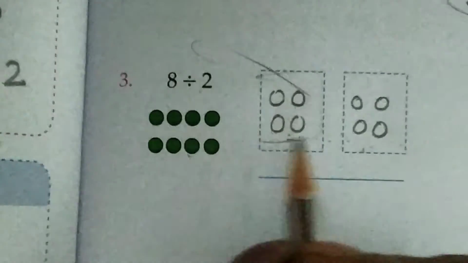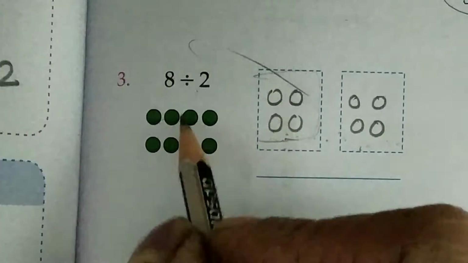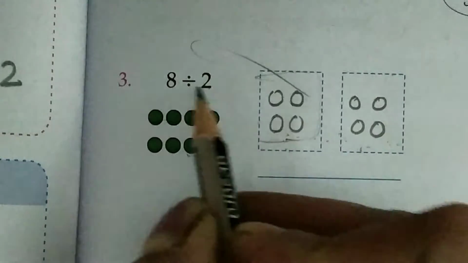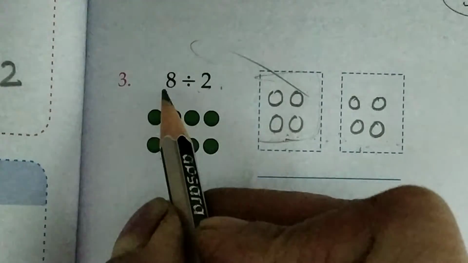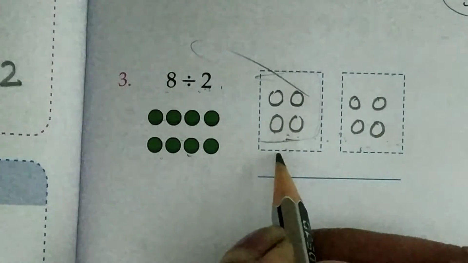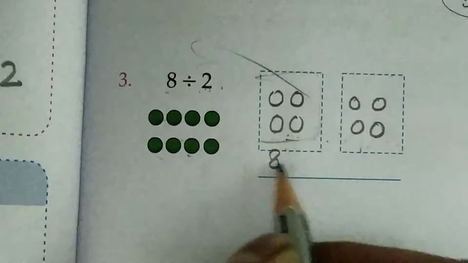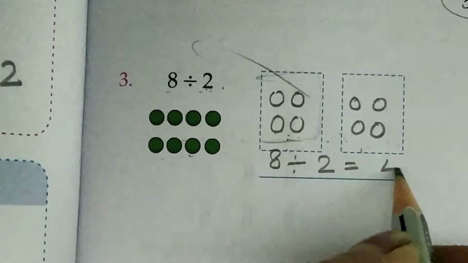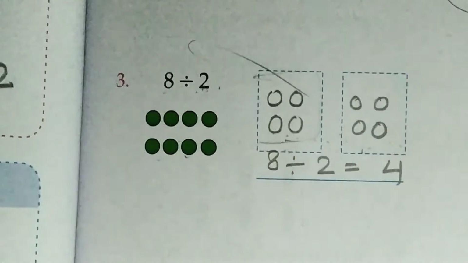So our answer is 4. 2 1s are 2, 2 2s are 4, 2 3s are 6 and 2 4s are 8. So our answer is 4.